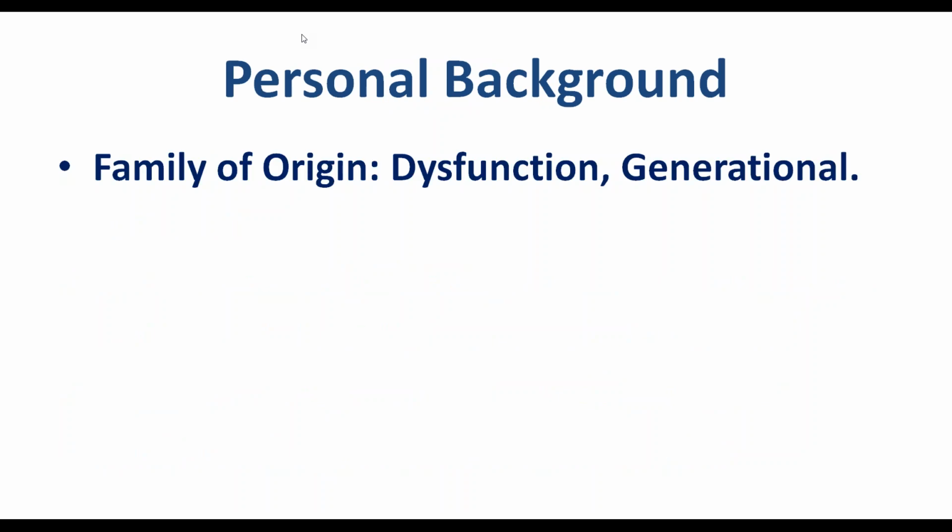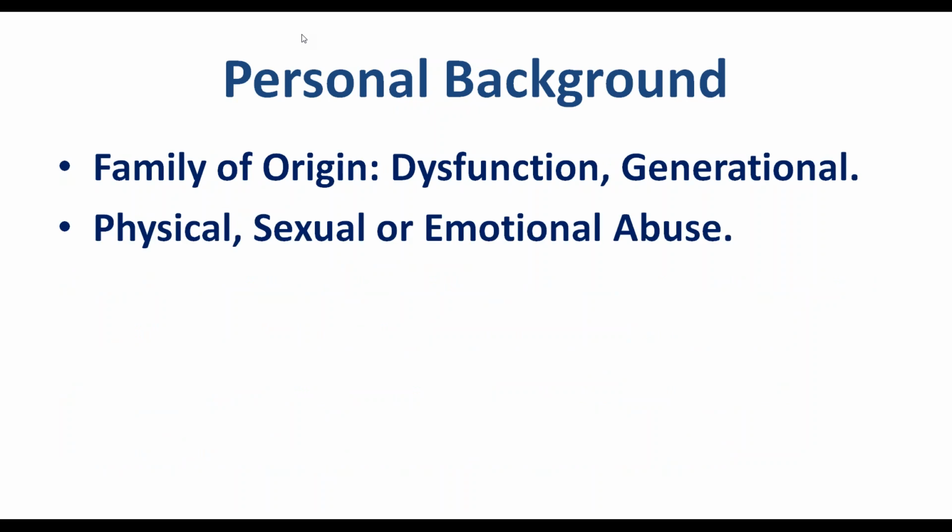Our personal backgrounds, our family of origin: was there dysfunction? Were there generational issues? Maybe physical, sexual, or emotional abuse? Obviously, they have a profound effect on people's lives, and it's something that we need to process and get healing from, because again, our reactions to people and our thoughts about ourselves go back to all of this.